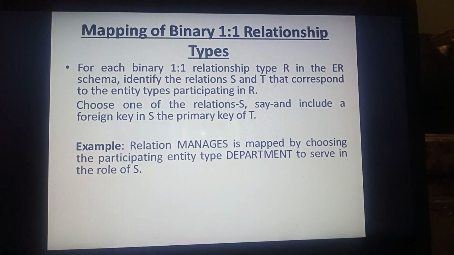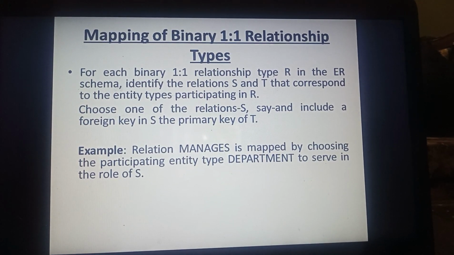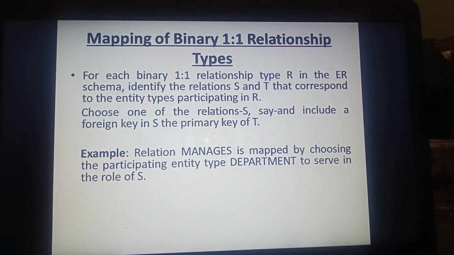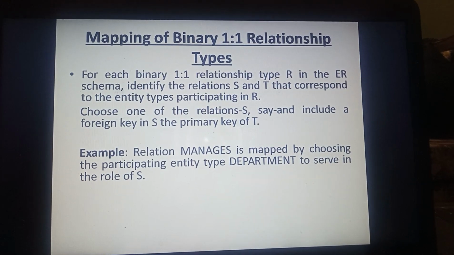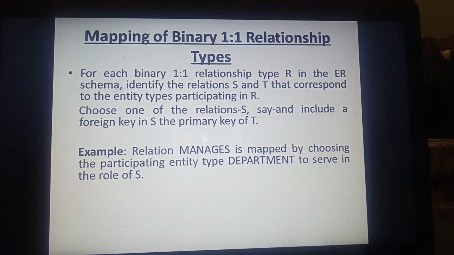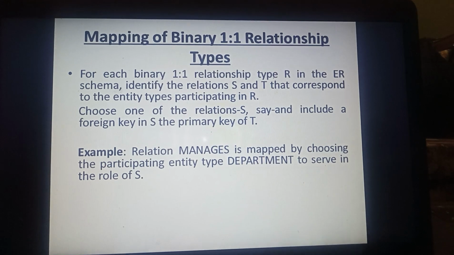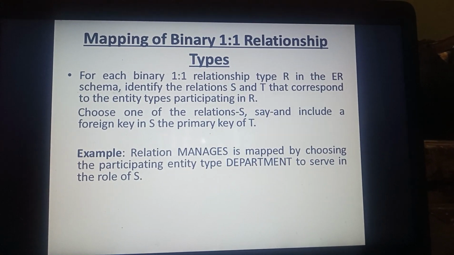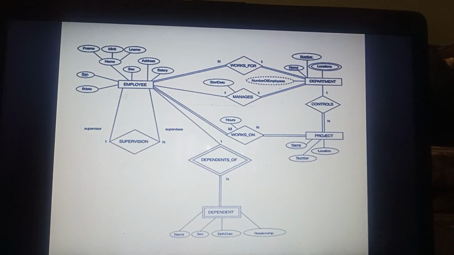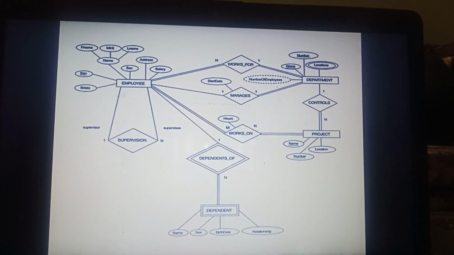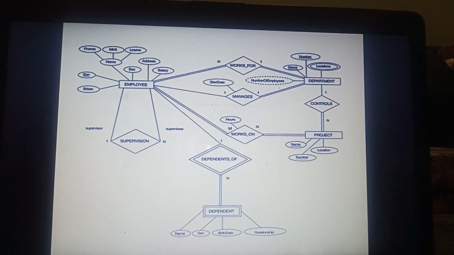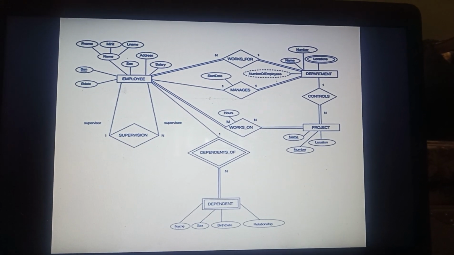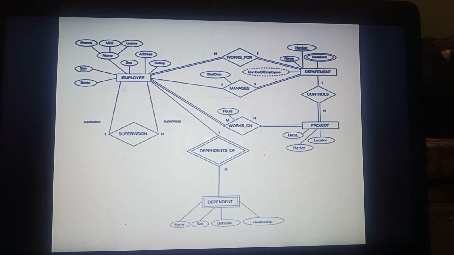Now here for each binary one-to-one relationship type R in the ER schema, identify the relations S and T that correspond to the entity types participating in R. Choose one of the relations, S say, and include as a foreign key in S the primary key of T. Now as you can see in the diagram, we have only one one-to-one relationship, and that is manages. This manages relationship is between employee and department.